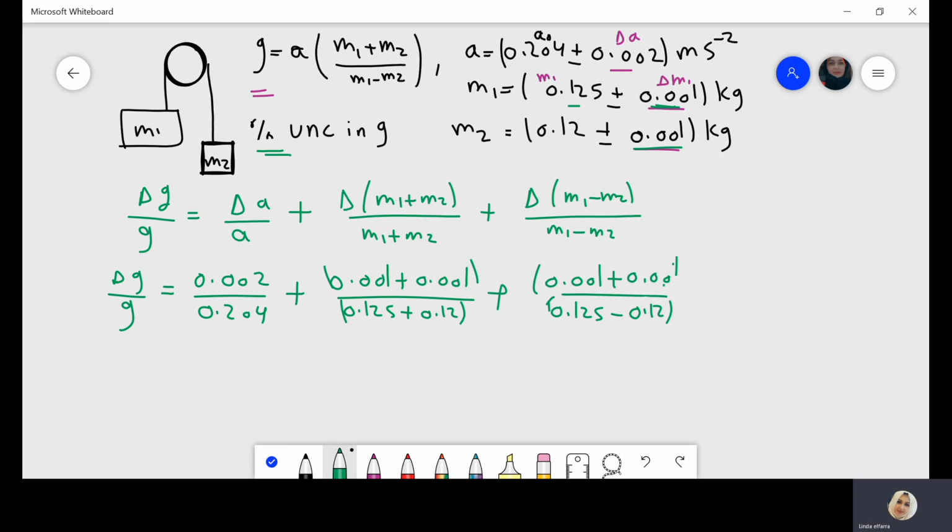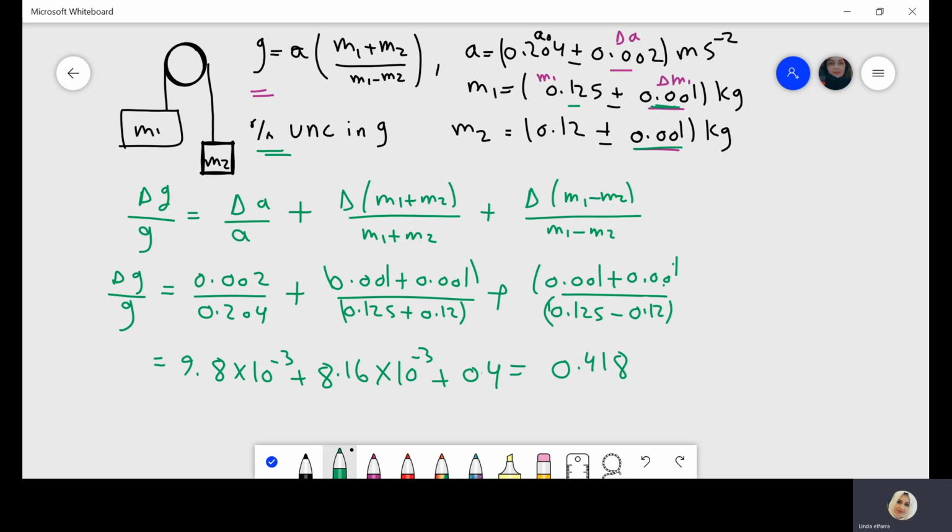Now let's find these values. The first one is 9.8 times 10 to the power -3, plus 8.16 times 10 to the power -3, plus 0.4, plus 0.4, and you should get 0.418.